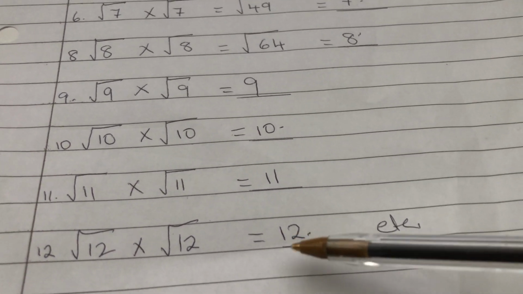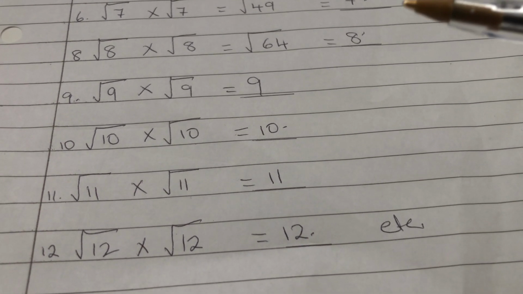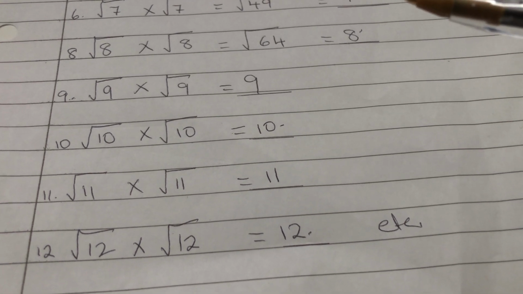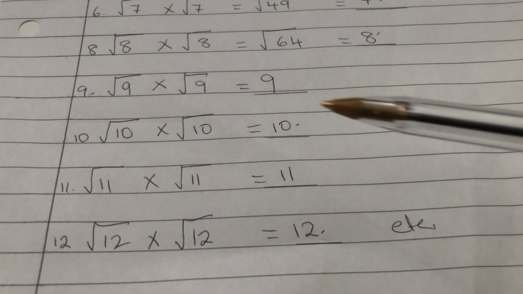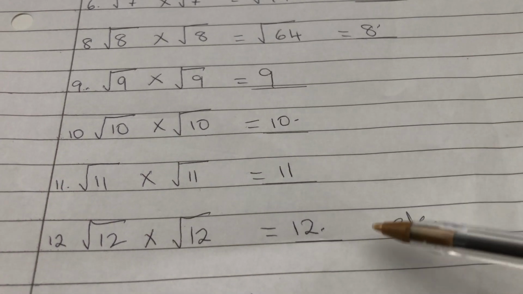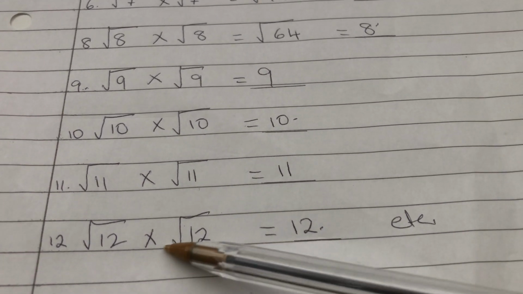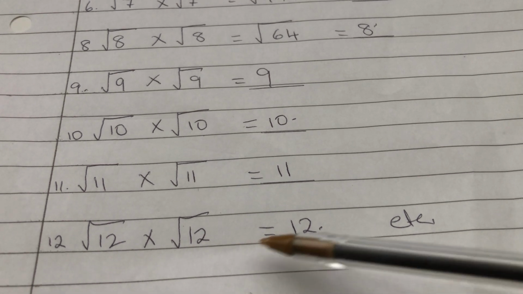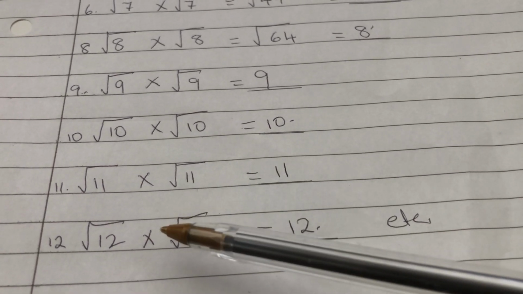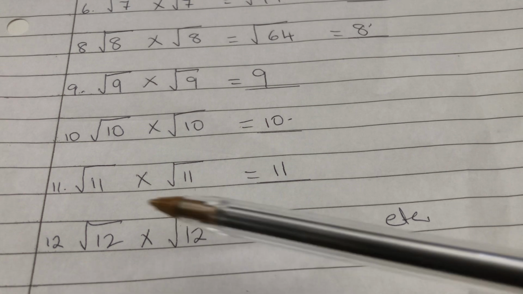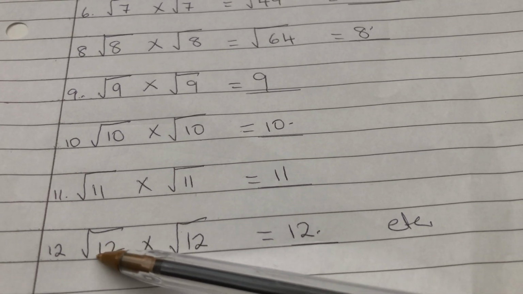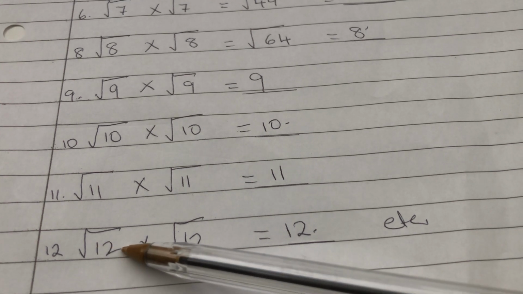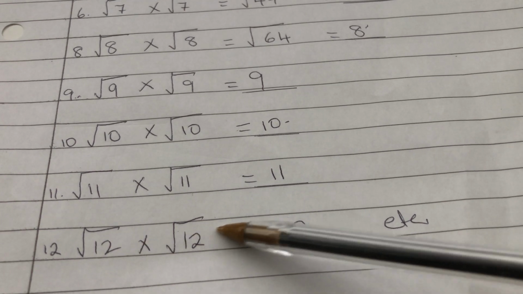Okay, so we can go on and on and on with these examples, but all I wanted to show you today is, as it goes forward, like root 12 times root 12, you can also do it backwards. Okay, so like root 12, you can get 12, you can get 3 times 4.